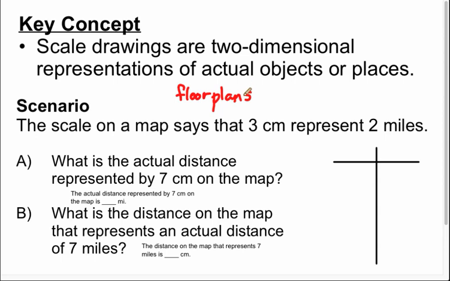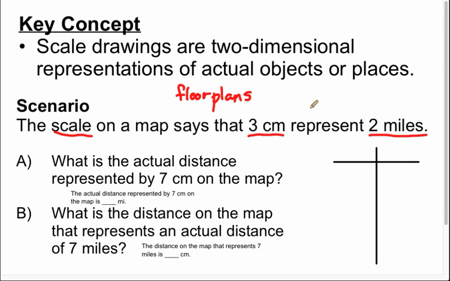They show you where the rooms are, how the measurements compare to each other, where the exits are, that kind of idea. The scale on a map tells us how the actual measurements compare to the measurements in the drawing. So the scale on a map says that 3 centimeters represent 2 miles.